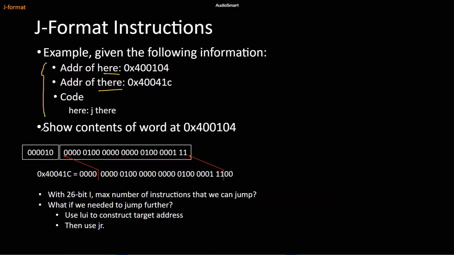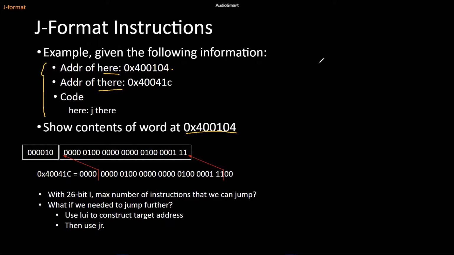So what the question is asking is, we want to know the content of the word at this memory address, basically this one. First of all, what does it mean that we want the content of a word?